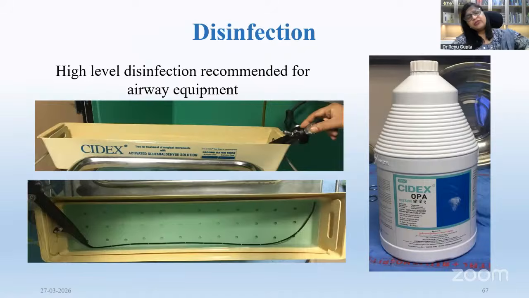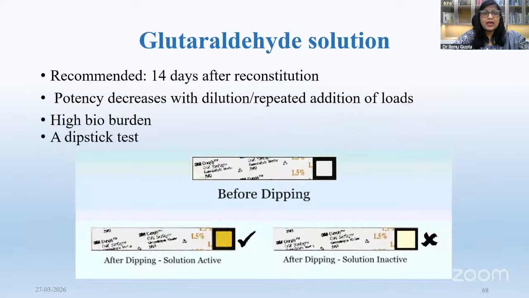Similarly, we use glutaraldehyde, very commonly used for endoscopes. So the endoscope should be completely immersed in this glutaraldehyde. And for checking the efficacy, filter strips are available. You have to keep on seeing whether your disinfectant is actually effective or not.